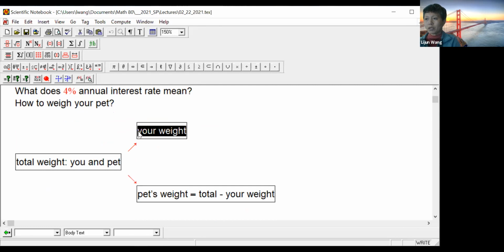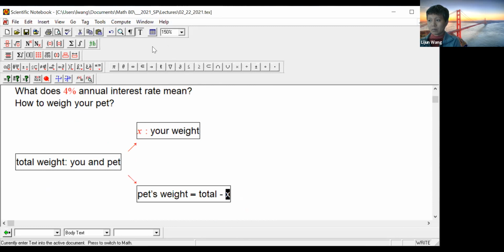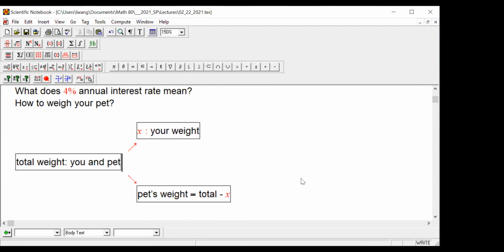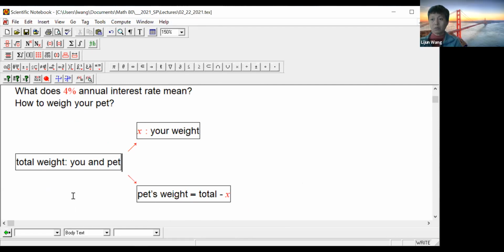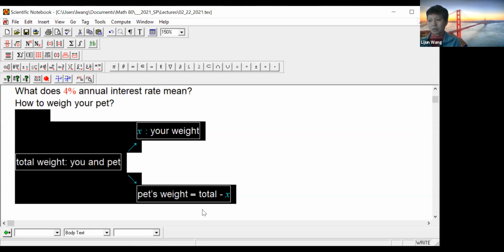Suppose we call your weight X. So the total weight is going to subtract X. Does that make sense? Did we get our formula? Yeah. Right? Because you weigh you and your pet. You get that, right? So now let's look at our investment question.